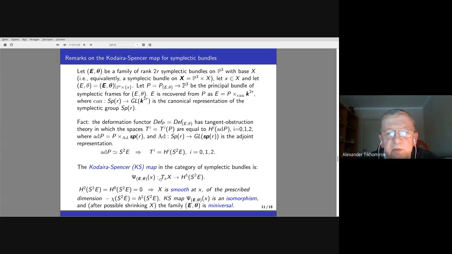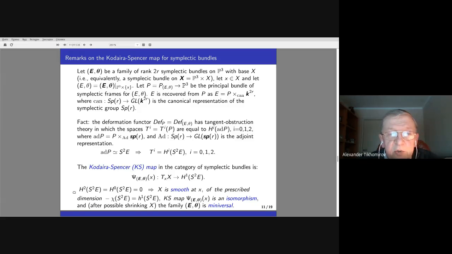the map from the tangent space of X at the point x to the H1 of the symmetric square, T1, which is responsible for the tangent space to deformations of symplectic bundles.